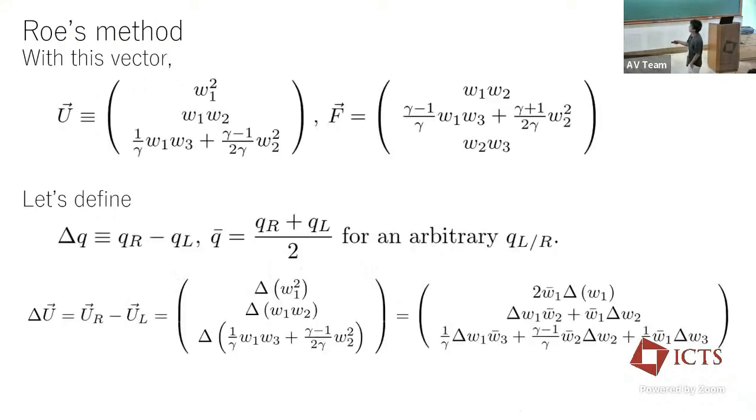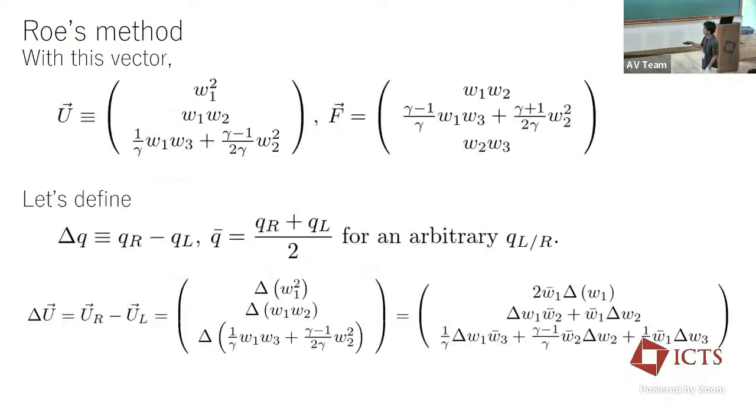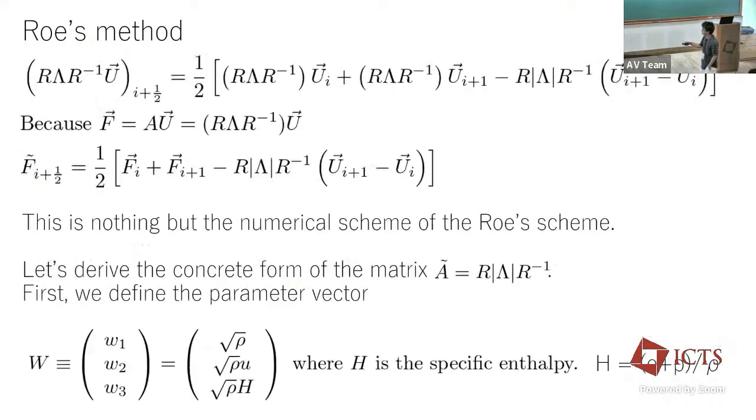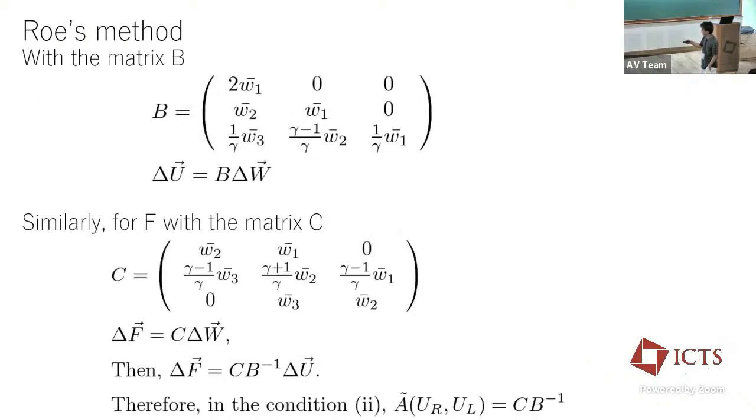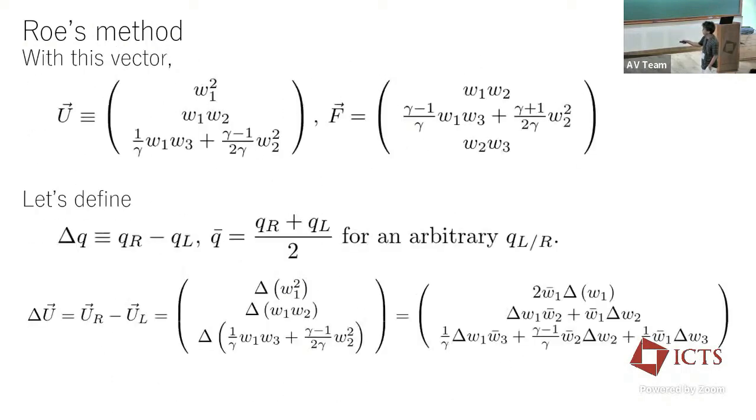So if we define the B matrix something like this, you can write down delta U as B times delta W. Okay, so now you know the expression for delta U, and delta W is given by these equations, so you can get the matrix B, right? B times delta W gives you this expression.